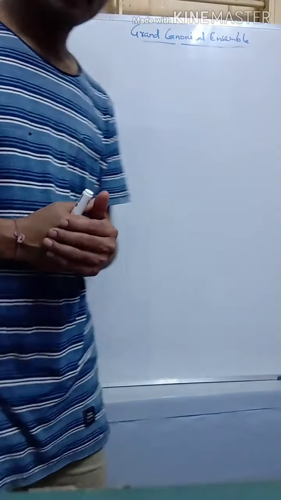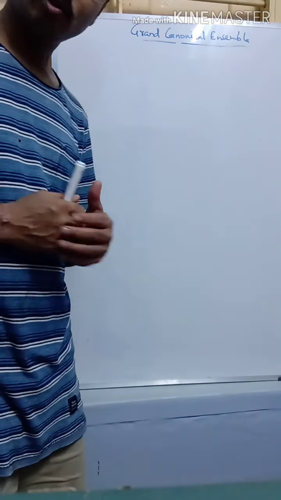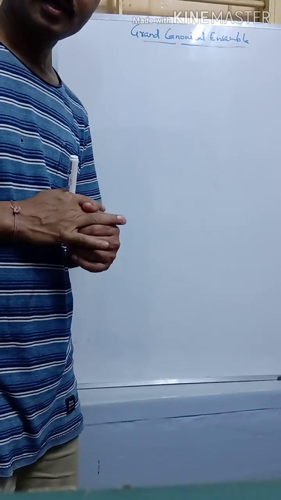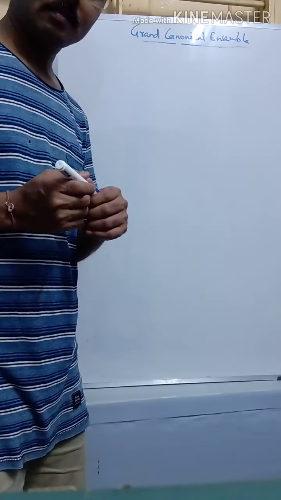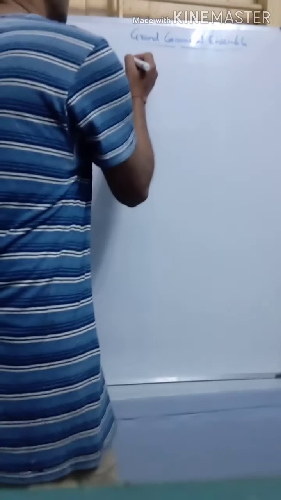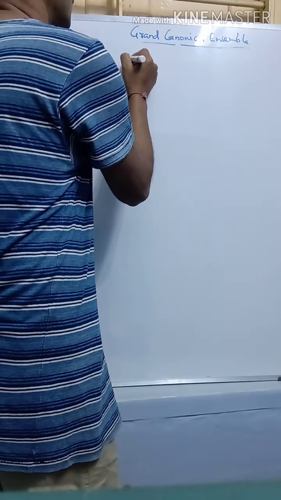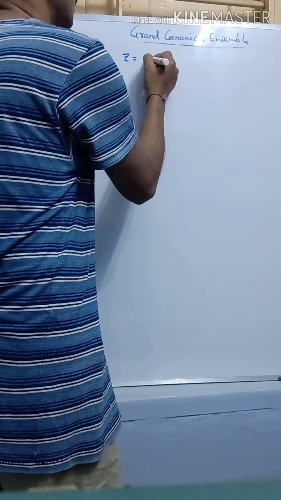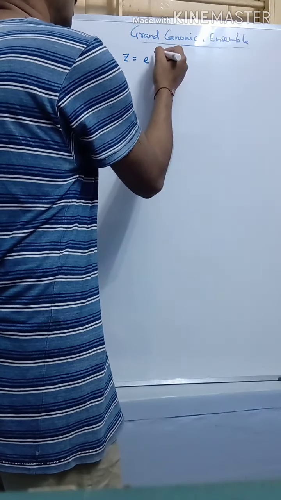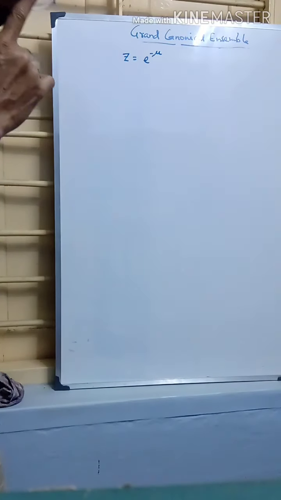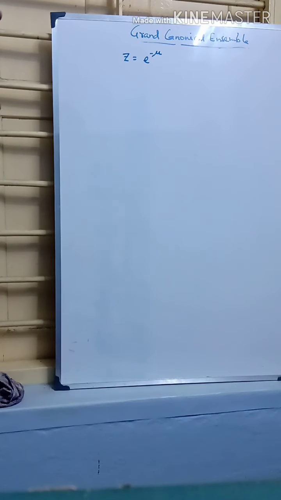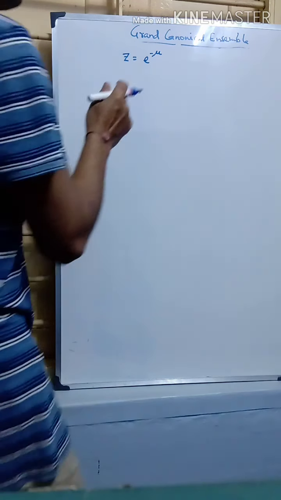By now, we have learned about the distribution function of the Grand Canonical Ensemble, and in my previous lecture, I forgot to specify, although I have defined that there is a quantity called z, which was exactly equal to e to the power minus alpha.